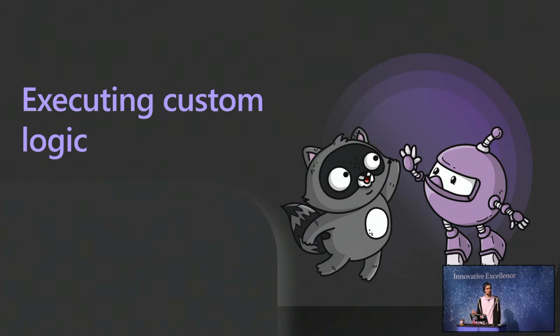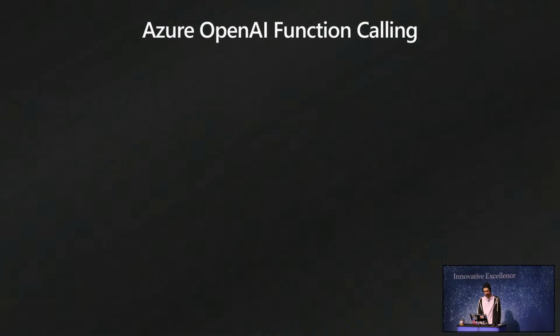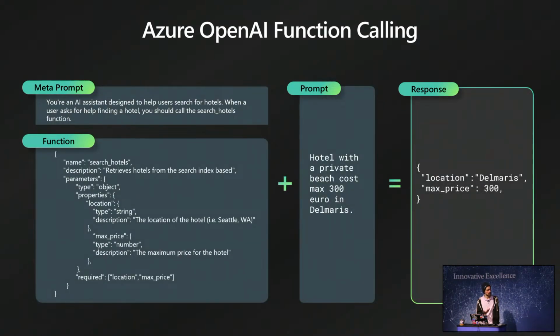So what we can do is give LLMs that ability by allowing them to execute, or have code to execute, outside of the model itself. One example of this is function calling, supported by Azure OpenAI and other AI systems. What it's doing is taking a query or a question, and then taking that in a meta prompt and producing JSON, or really any kind of structured data format, which can then be passed into an API.